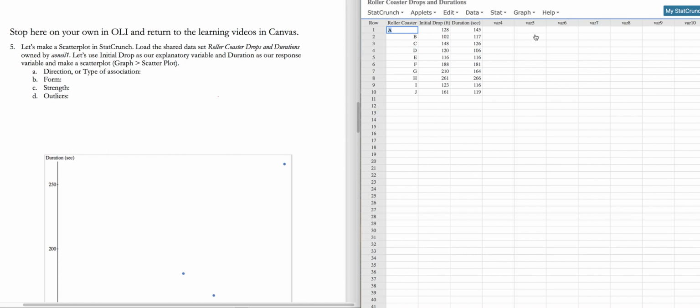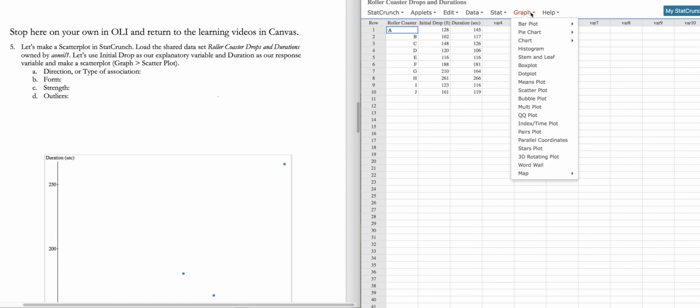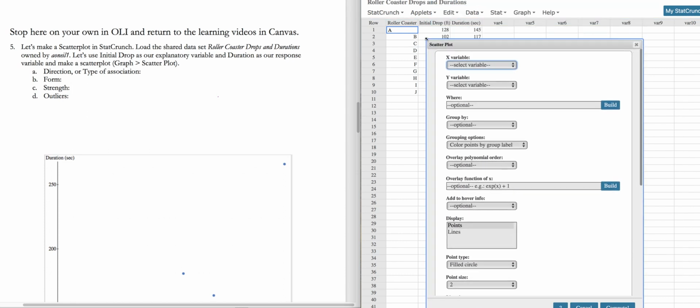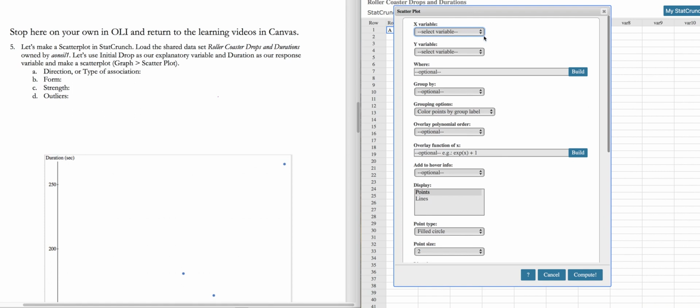So of course, a scatter plot is a graph, so we're going there first, and then we pick scatter plot. Let me get this in your screen here. There we go. So our x variable, well, x is our explanatory variable, so that's initial drop. The y variable is our response variable, so that is duration.